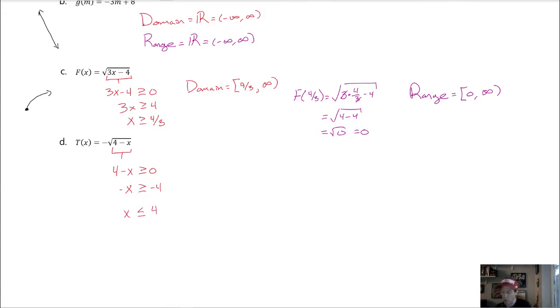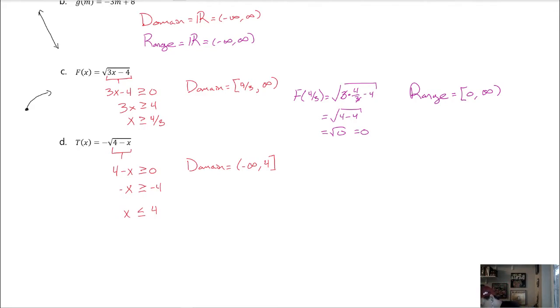Then flip that inequality sign when I divide or multiply both sides by a negative. So from this, we could state that the domain is all the numbers up to and including 4, all the numbers less than or equal to 4, or in interval notation, the numbers from negative infinity up to 4 inclusive.